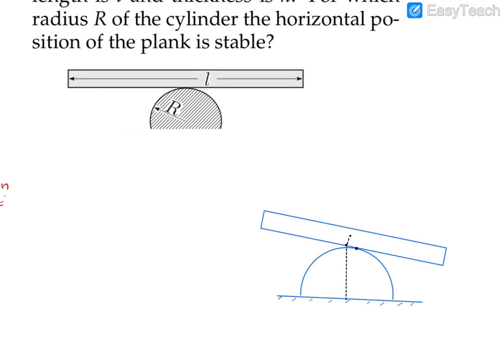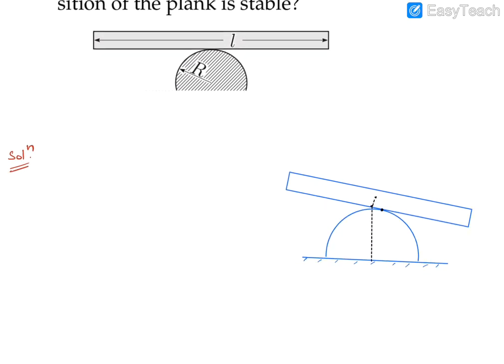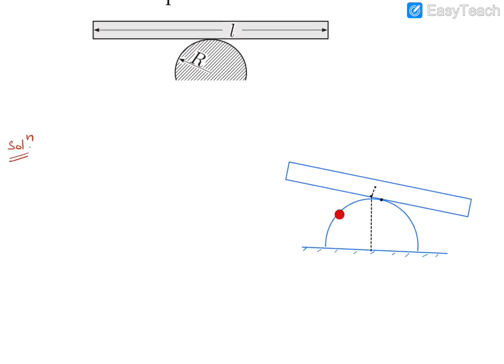Now for the solution, I have made this picture, so we will consider this picture. This plank has been slightly rotated towards the right. Initially, let's name this point A. This A point was on the cylinder surface. Now the B point has come to the cylinder surface.